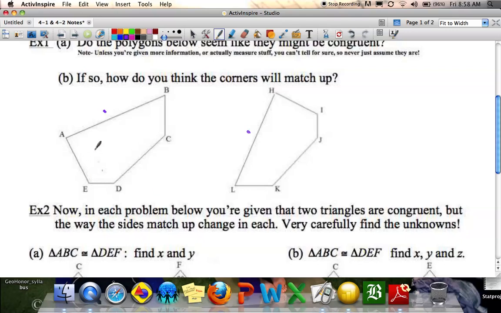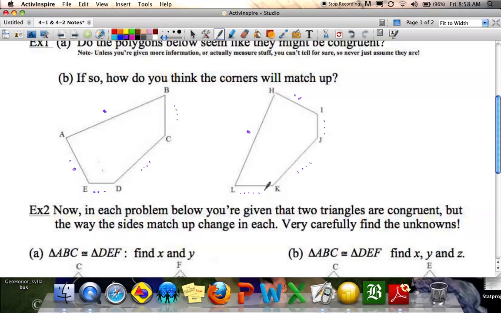And then now I know it has to be HI and AE because next along is ED. So I'm just putting little dots, and then this one would be the next one, and then the last one would be LK and BC.